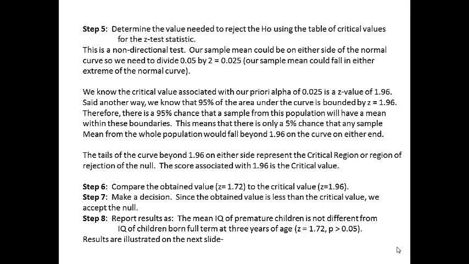So we compare our obtained value z equal 1.72 to the critical value, and we make a decision. Since our obtained value is less than the critical value, we accept the null, and we report the result as: the mean IQ of premature children is not different from IQ of children born full term at 3 years of age, z equal 1.72, p is greater than 0.05.